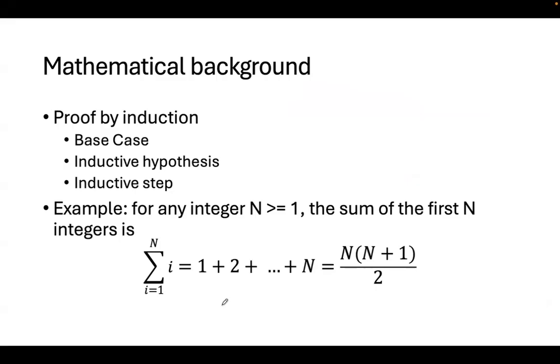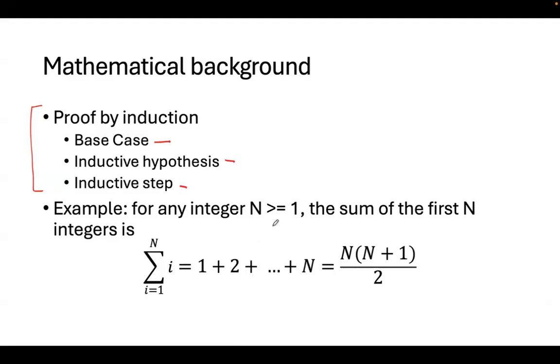This is one of the ways where in math, we want to prove something, and one way to prove it is by induction. The way we do that is you have a base case, you have an inductive hypothesis, and you have an inductive step where you say, I've assumed that it works up till now. Let's prove it works for one step after that.